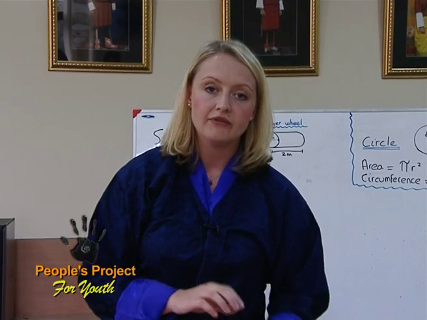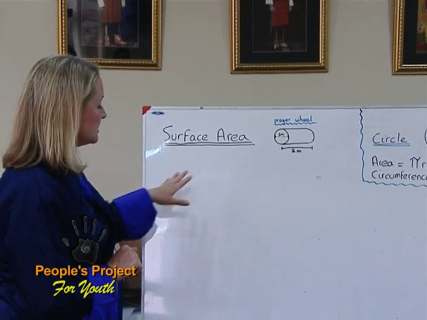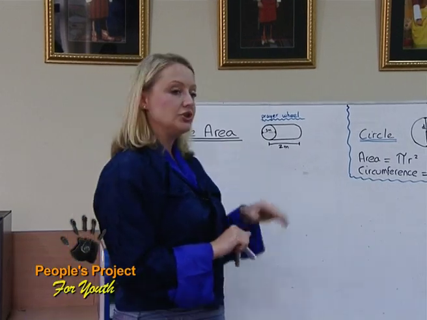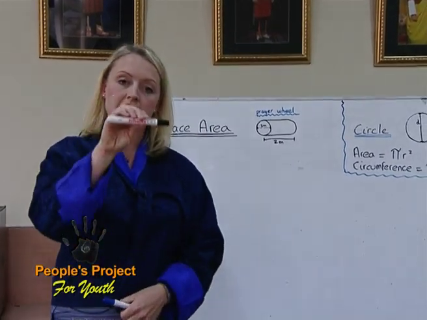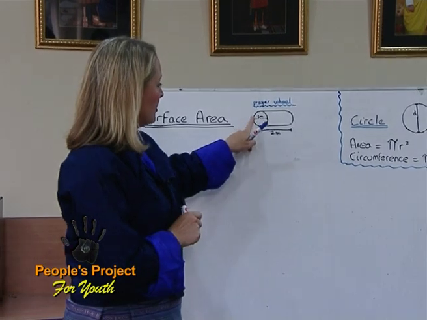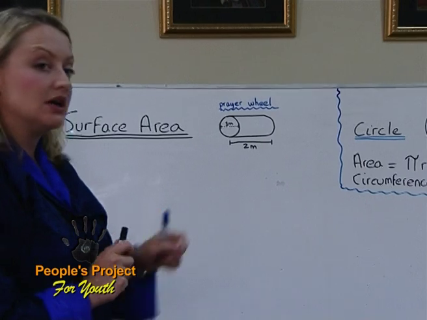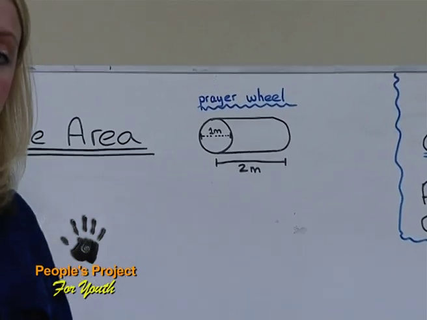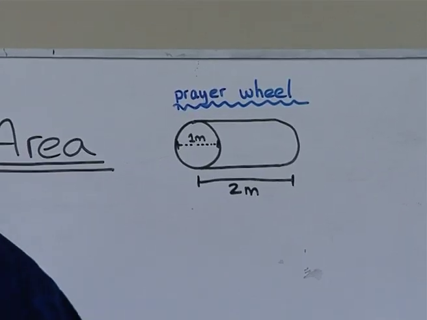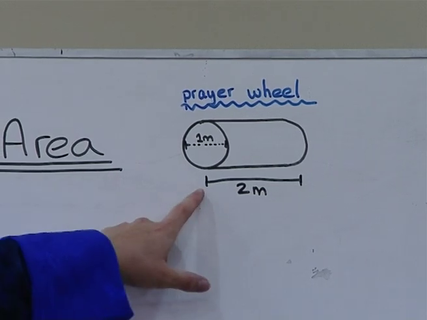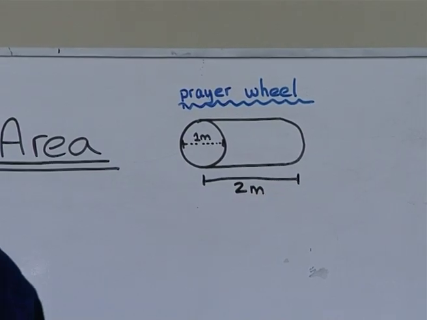Now, we have just been down there and we've taken some measurements. And if you can imagine that I've taken the prayer wheel and I've laid it on its side, the prayer wheels down at Memorial Chawton have a diameter of 1 metre. So across the base of the prayer wheel, the dimension is 1 metre. And they have a height of 2 metres.